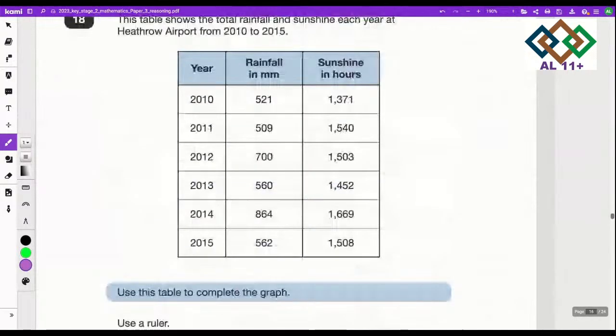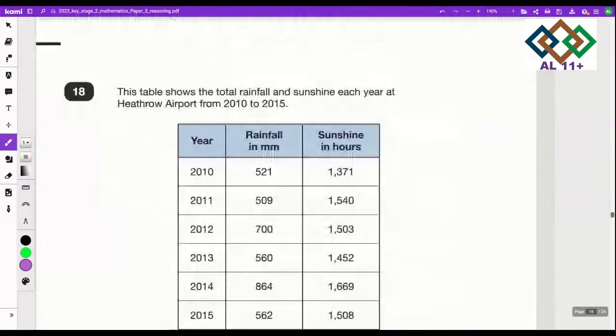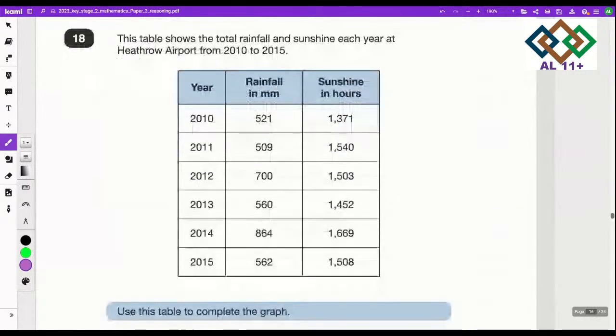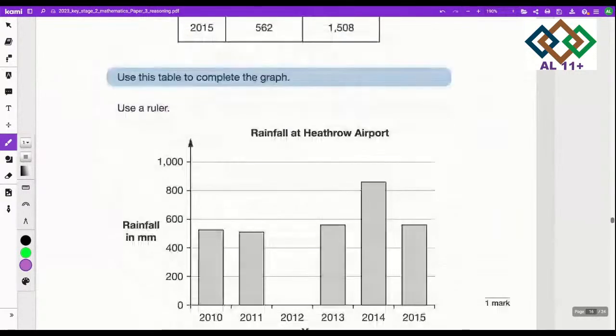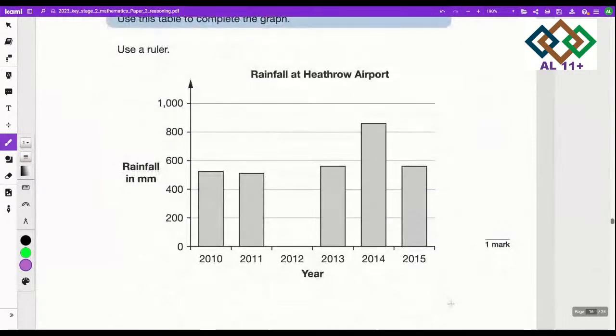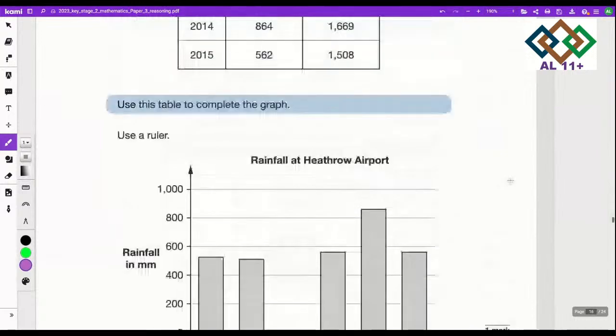Now they are saying this table shows the total rainfall and sunshine each year at Heathrow Airport from 2010 to 2015. Now they're telling you to use this table to complete the graph. So you have to complete the graph for 2012.